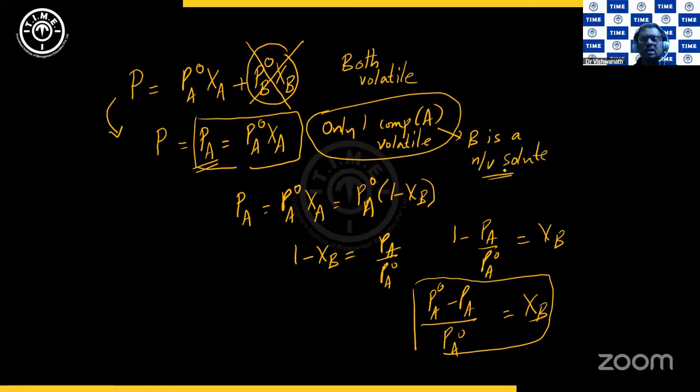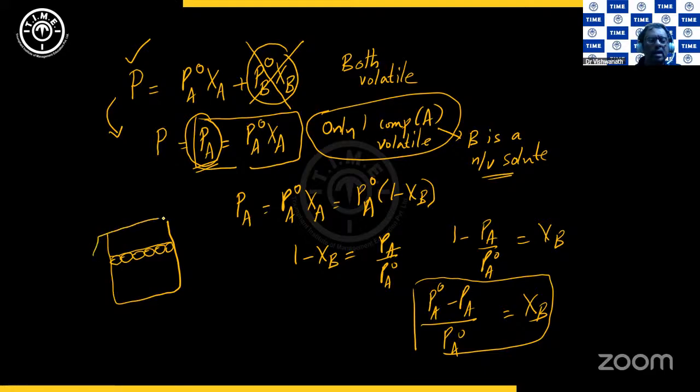So whenever there is B as a non-volatile solute, we will not have the PB component. So PB component is removed. So whatever is the total pressure, that is nothing but the partial vapor pressure of A, because only A is going to give the vapor. So if I had only A in the container, all the molecules on the surface belong to A, is it not?